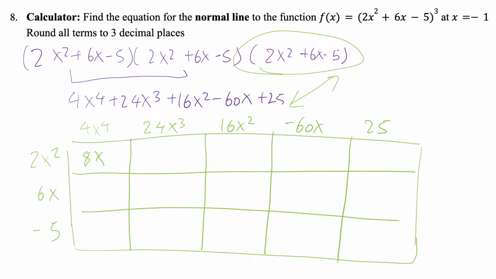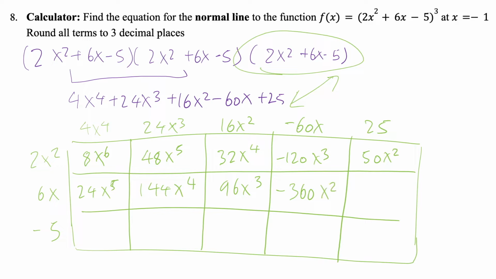So here we go. We get 8x to the 6th, 48x to the 5th, 32x to the 4th, -120x to the 3rd, 50x squared, 24x to the 5th, 144x to the 4th, 96x to the 3rd, -360x to the 2nd power, 150x, -20x to the 4th, -120x to the 3rd, -80x squared, 300x, and -125.